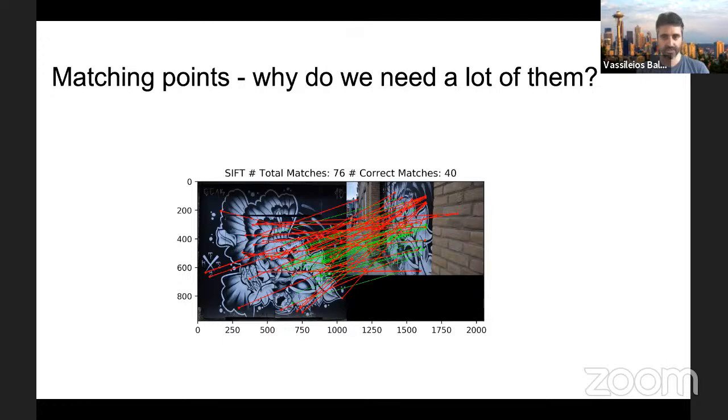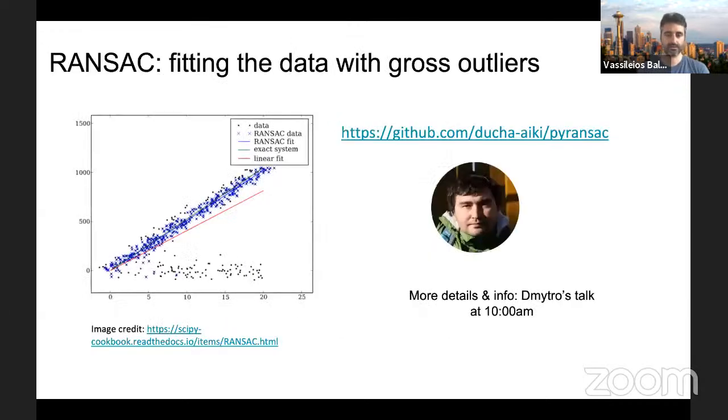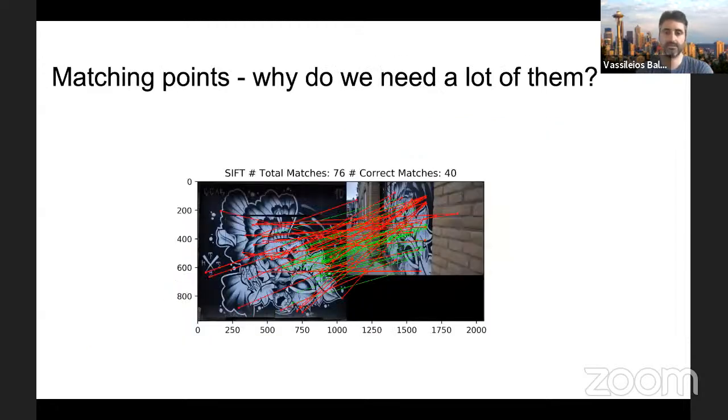So you cannot assume that you have 8 matches or 10 or 12 and they're all perfect, and then you can perfectly recover the camera motion. So a key aspect of this is RANSAC. So by this, I mean how to remove bad matches. So Dimitri's talk, I think later on, will contain lots of information about this. So I'm not going to go into too much detail. But just keep in mind that this is a way to remove the red stuff from here.